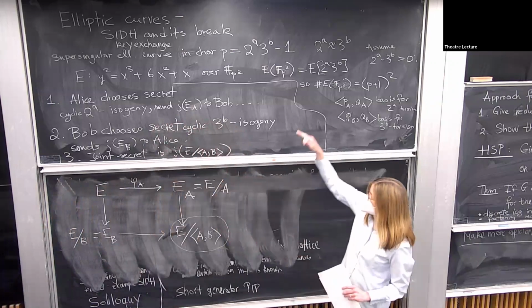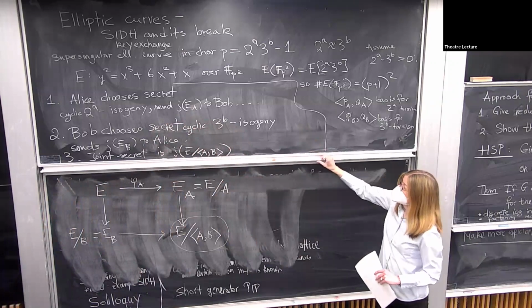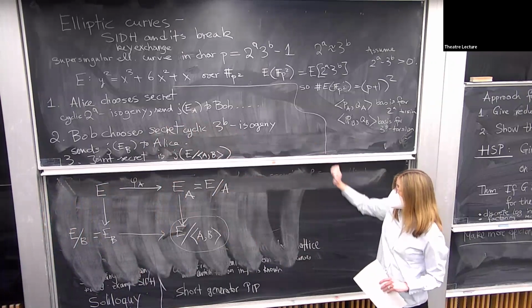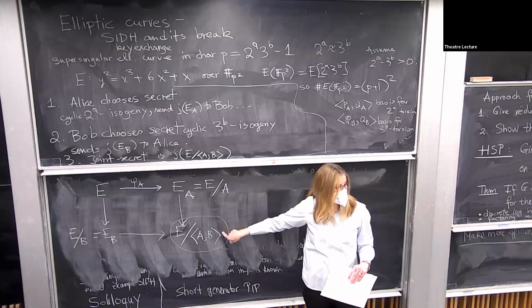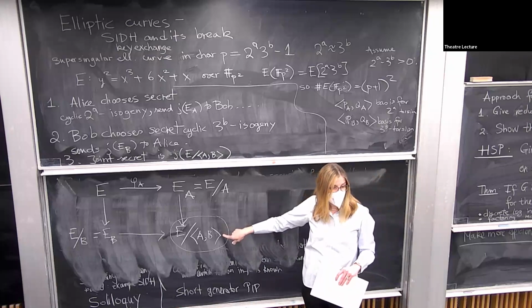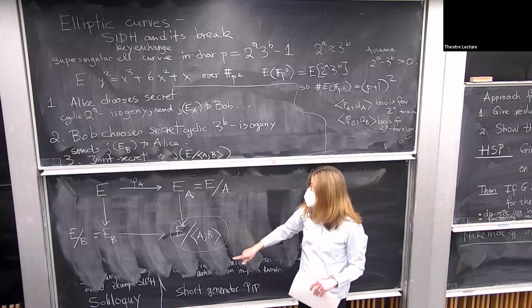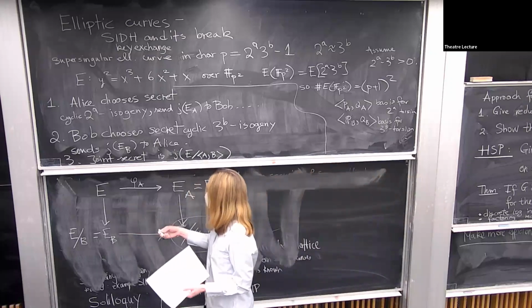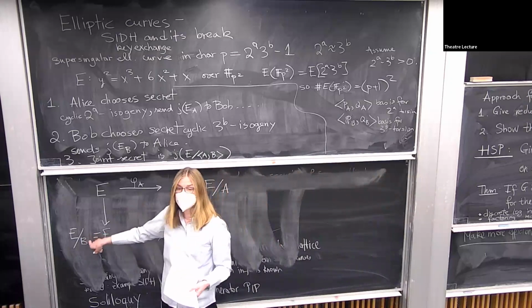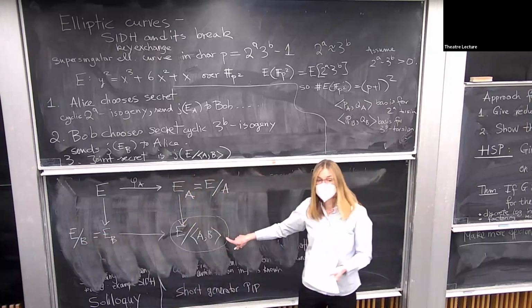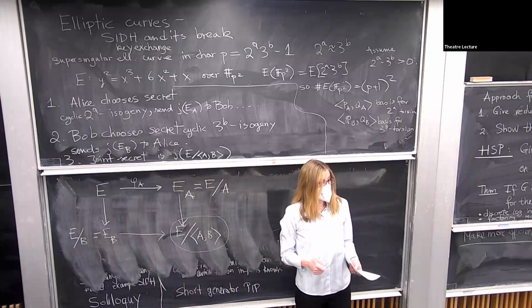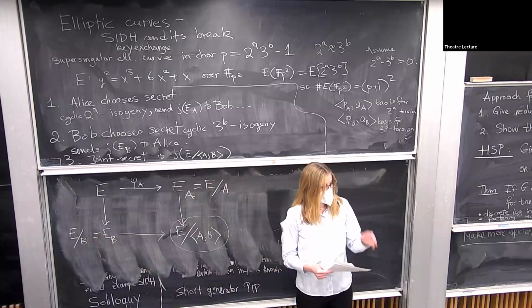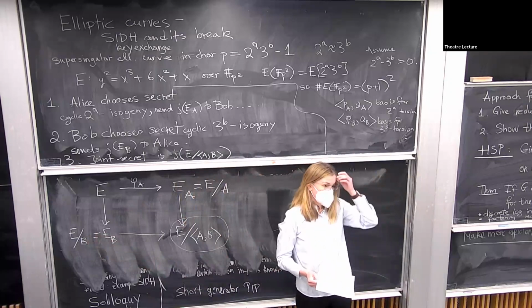And if that was all that was needed, this wouldn't be broken. But in order to compute this quotient of E by the subgroups A and B, you need more information. It's not enough to know A and E mod B to compute what this quotient is. You also need to know what the map does on certain torsion groups, and that was exactly the downfall.